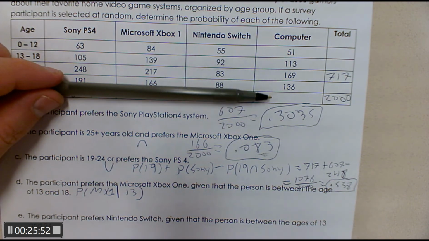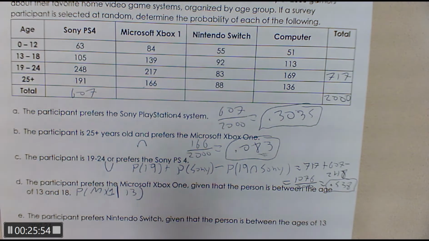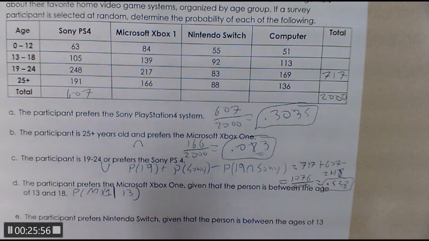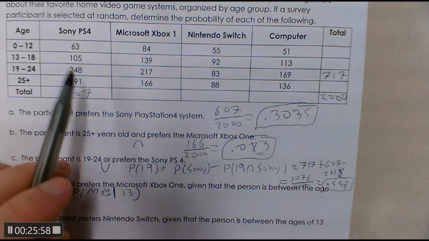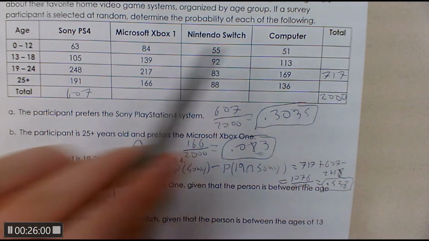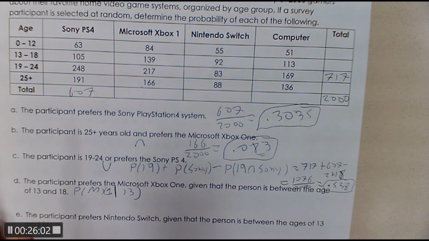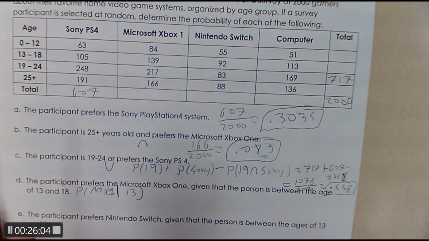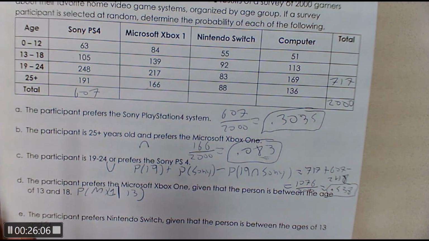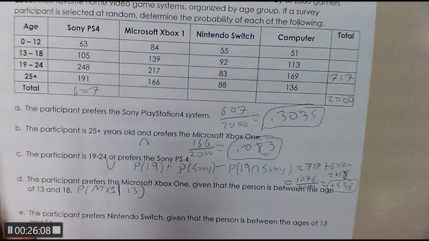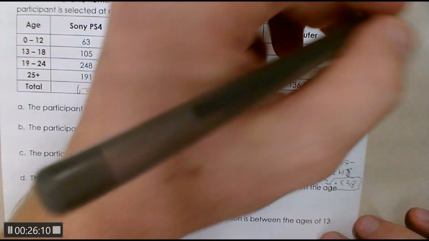Rows. These are all rows. Block off every row except for my 13 through 18-year-olds. Okay, and so after I block everything off, I got to find my total of 13 through 18-year-olds. So I'm going to do 105 plus 139 plus 92 plus 113. So I'm just summing across here. It's 354. All right.